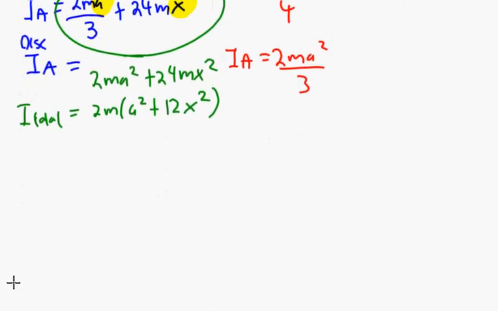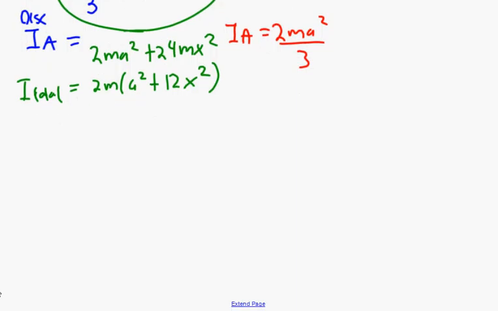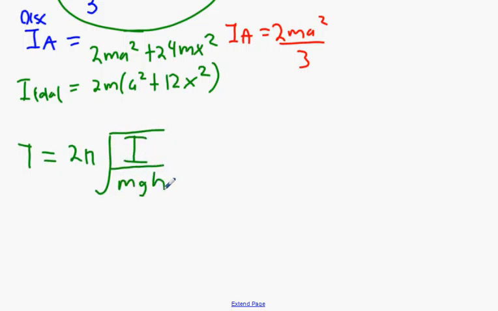Straight away you're talking about minimum time. So you're going to have to get the period T equals 2 pi root of your inertia over mgh. Please remember, h is the distance of the center of gravity of your compound system to the axis of rotation.